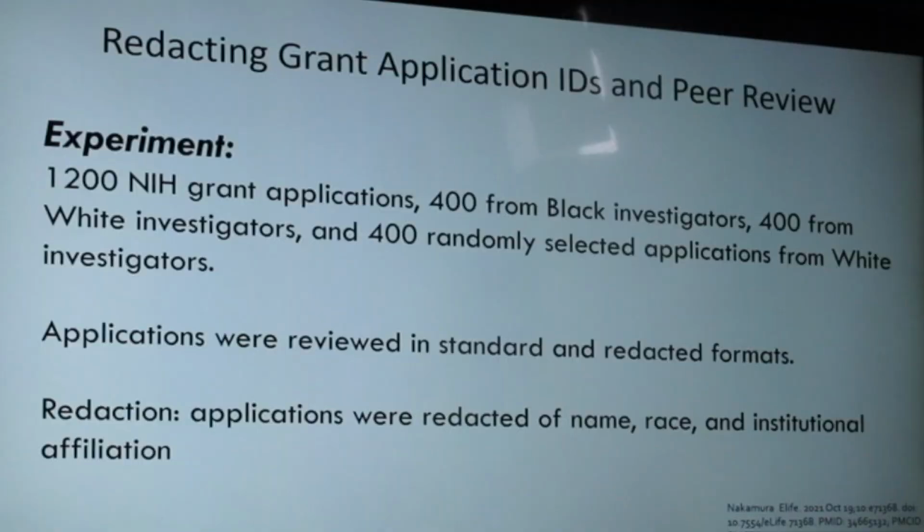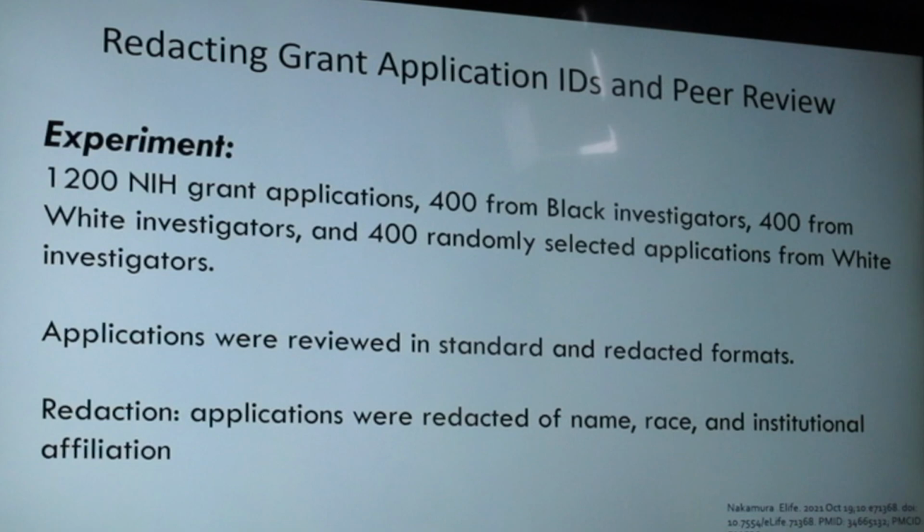In this paper by Nakamura and colleagues, 1,200 NIH grants that had already been reviewed and successfully awarded an R01 research grant from NIH were brought back and reviewed by a group of NIH reviewers. And in this experiment, on the re-review, and again, remember, all of these had been successfully approved and given money to conduct NIH research.